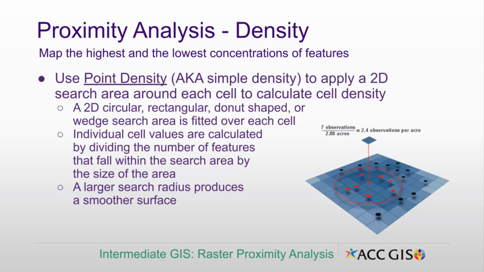So in the example on the right, you can see that I have a search area of 2.88 acres. And within that search area around the cell for which I'm trying to calculate the density, there are 7 observations. So 7 divided by 2.88 equals 2.4 observations per acre. Now, the larger the search radius, the smoother the density surface you create.